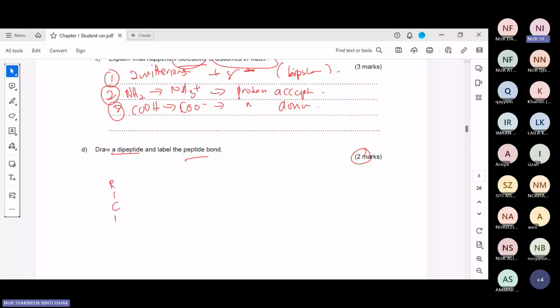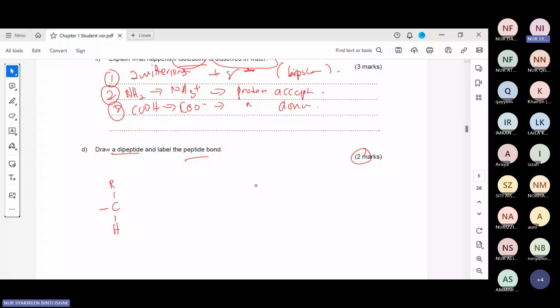During the formation of a dipeptide from 2 amino acids, imagine here we have OH. Okay, here we have OH.